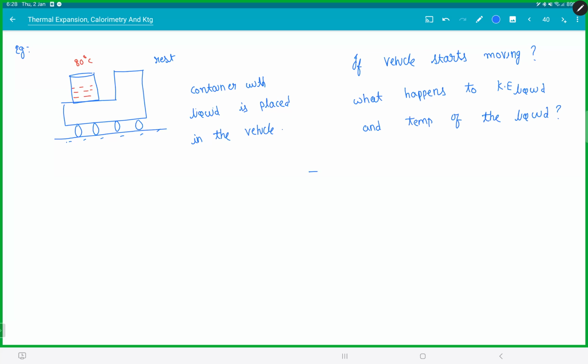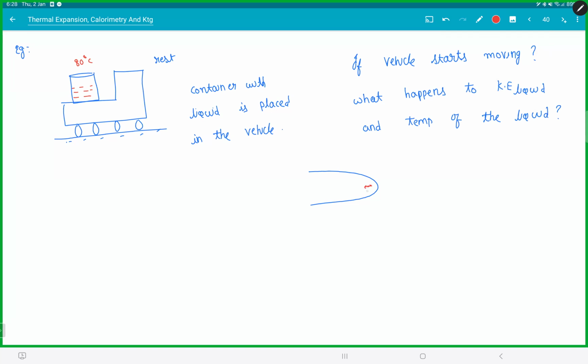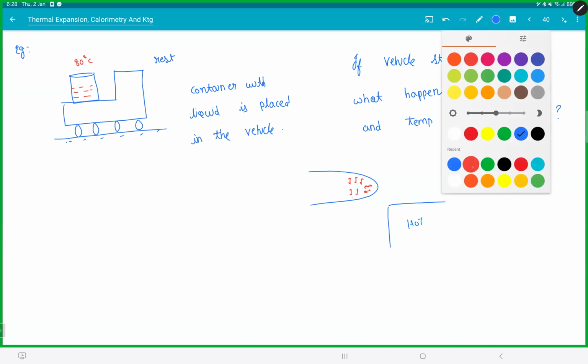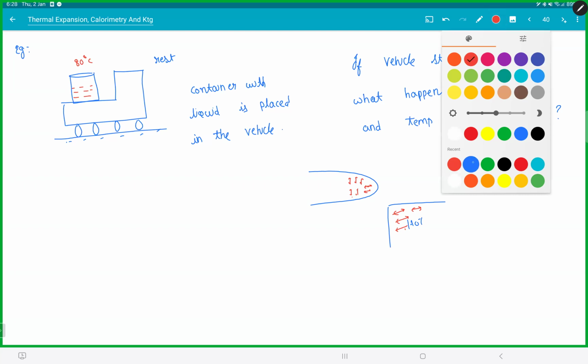Listen, let's say if you look at your finger, the molecules in your finger are also continuously vibrating. So when you touch a hot object, the molecules in the hot object are vibrating with bigger amplitudes. Approximately molecular size is same.